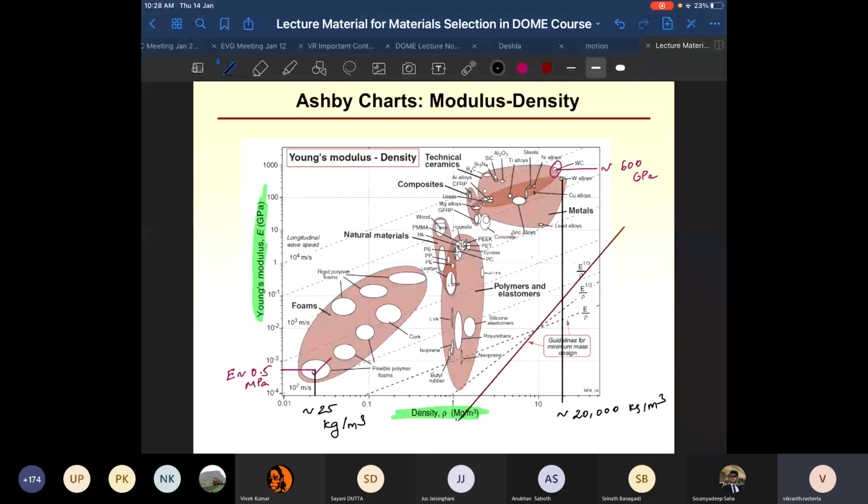Now if you ask the question, which material should I choose to get me a particular stiffness at the lowest weight? Because at the end of the day you don't really care either about the density or about the modulus. What you care is if you are going to make a panel or use a beam, when they are subjected to a certain load, you want the deflection to be smaller than a certain value based on the stiffness constraint.